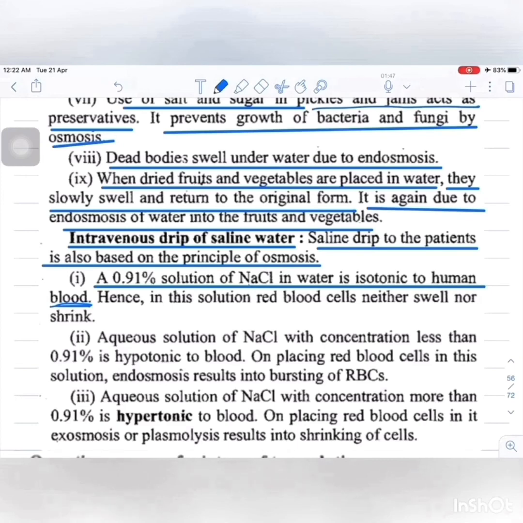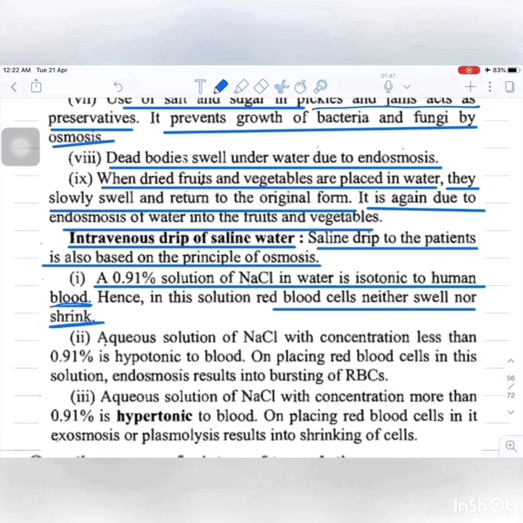When the solution outside SPM has concentration same as inside SPM, then the outside solution is known as isotonic solution. In this condition, blood cells will neither swell nor shrink because due to same concentration, vapor pressure will remain same and solvent molecules will not flow.